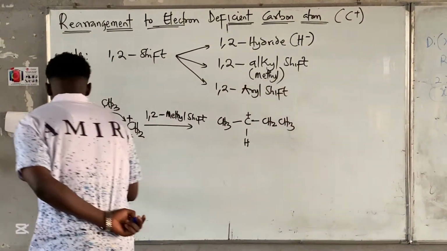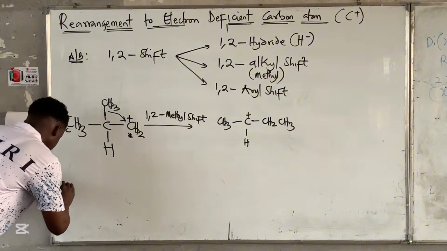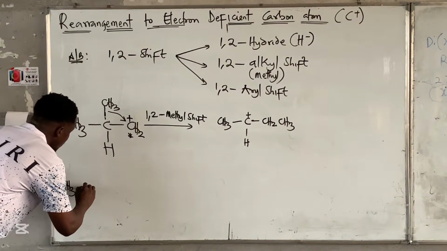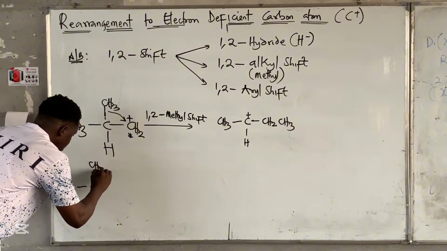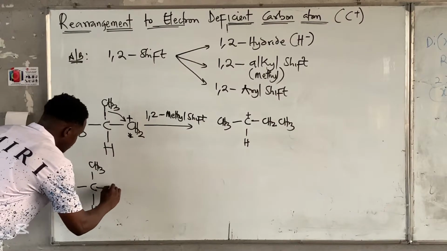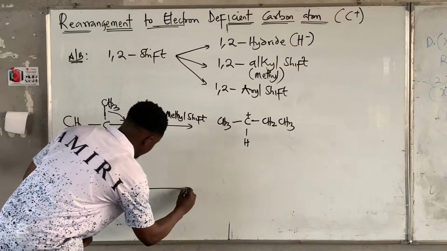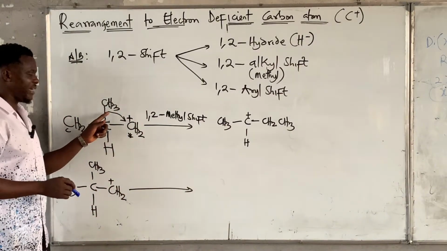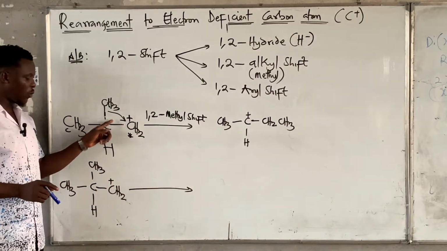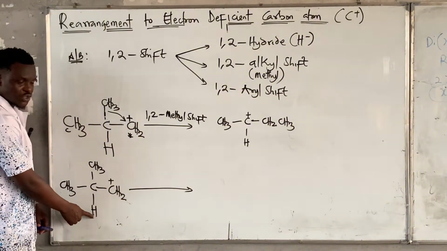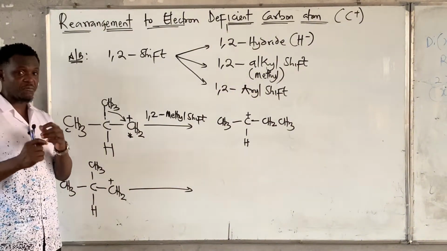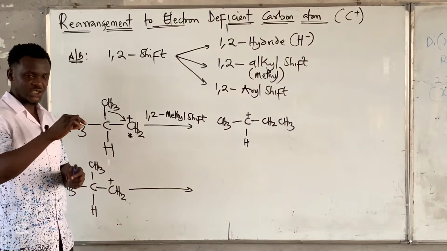Now, I have to come back here. I write this CH3, C, CH3, H. Now, the first one, I moved methyl. The second one, I'm going to move hydrogen.